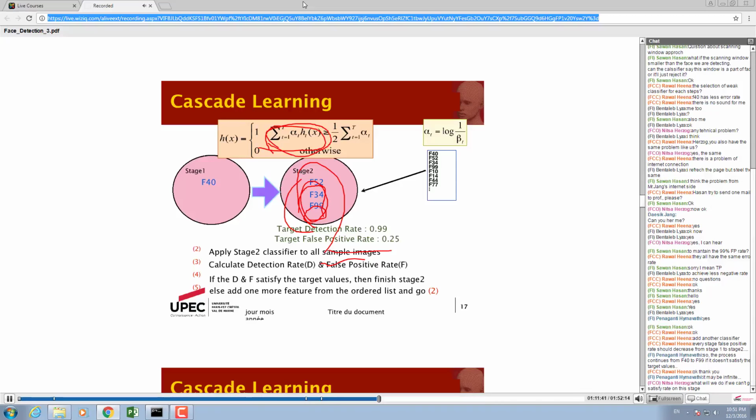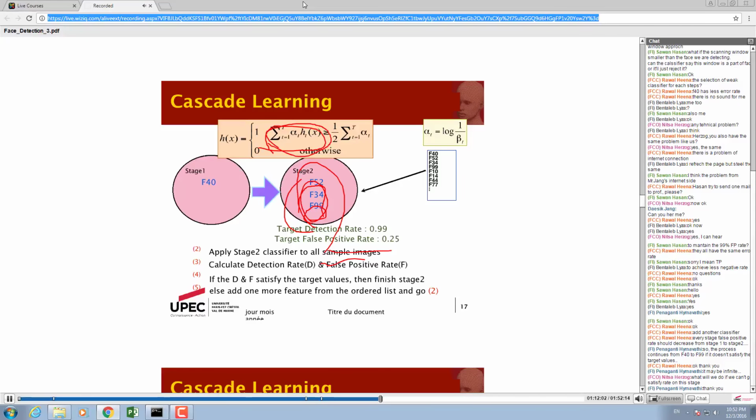In the worst case, because stage one took one already, stage two may have 1999, all the features, but it still may not satisfy. It means the selected features are not good, or the samples are not good enough.